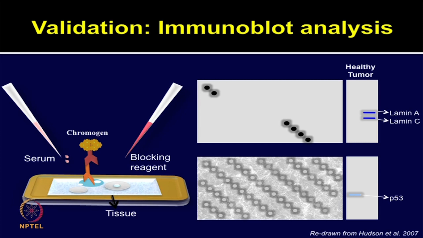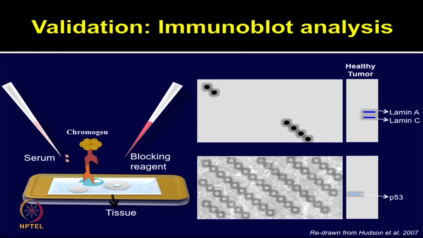The western blot analysis was performed using healthy and ovarian cancer patient samples, and then they used antibodies specific for lamin proteins as well as p53 protein. As you can see on the right-hand side of this slide, lamin A and C were probed by using western blot.